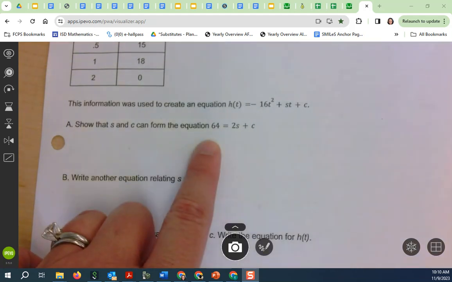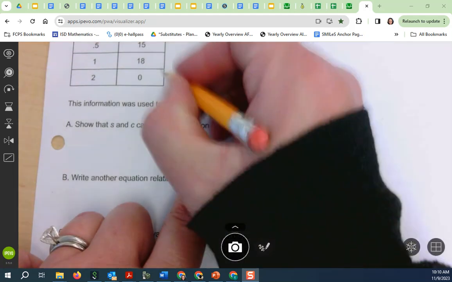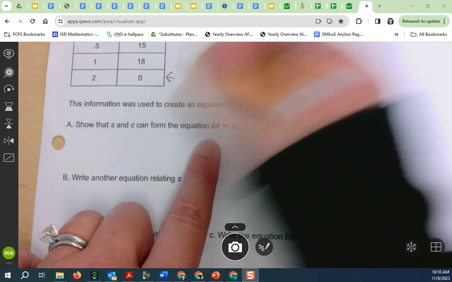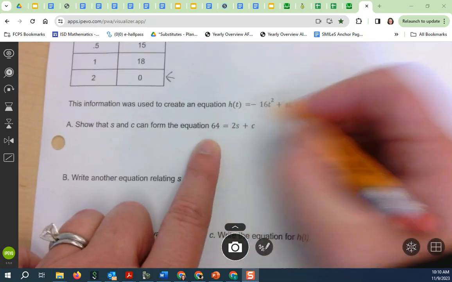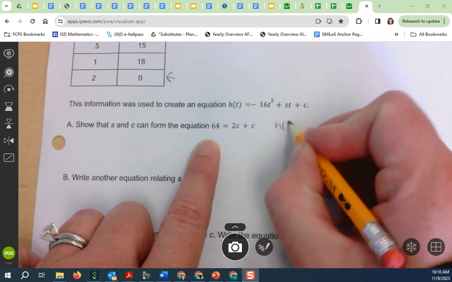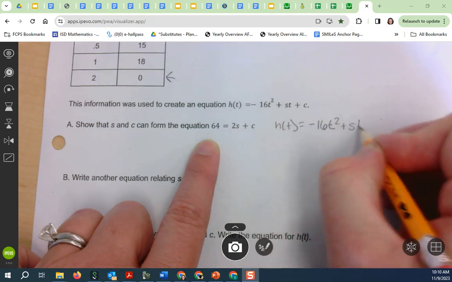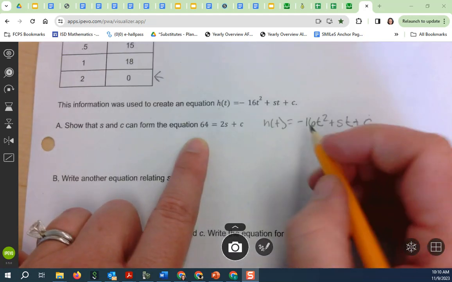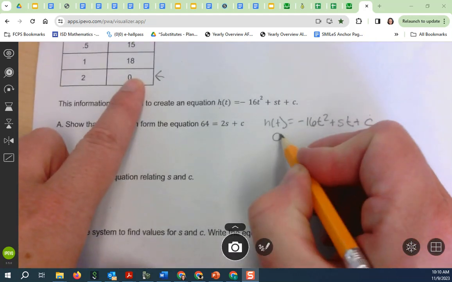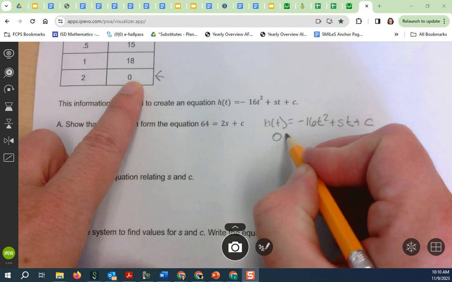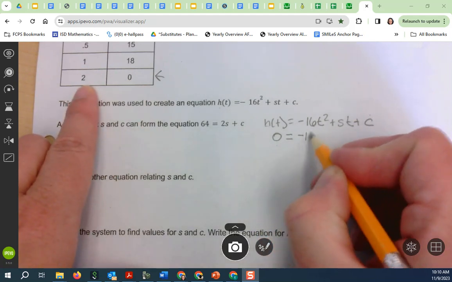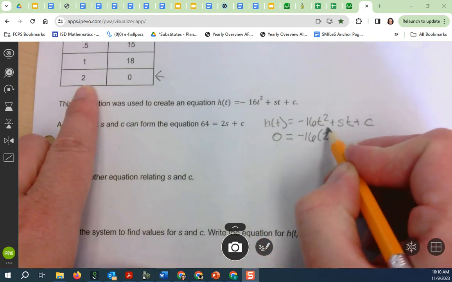So I'm going to try that one and see if that's the right one, because I see that the 2 is in it right there. Okay? So using this equation, h of t equals negative 16 t squared plus st plus c. If I put in 0 for the height, h of t is 0, that's the height. And I put in 2 for the t.